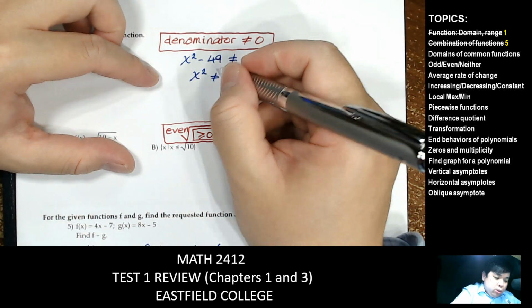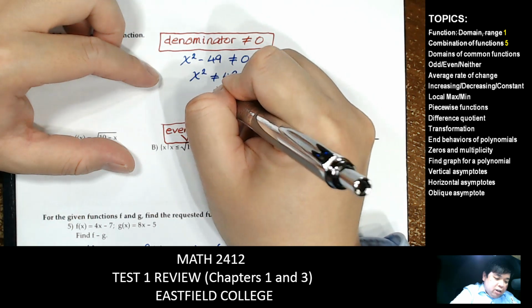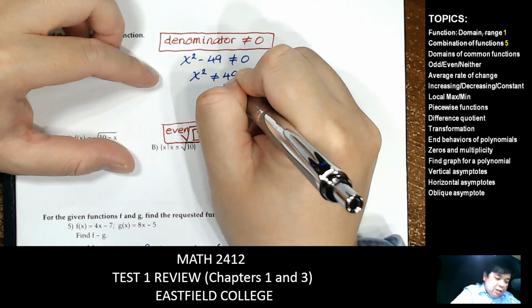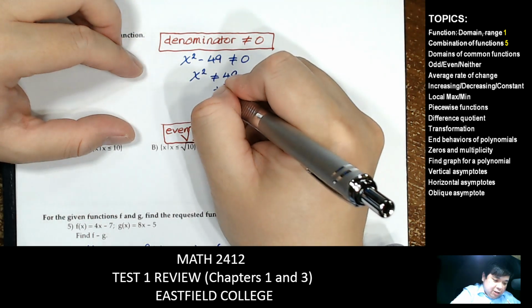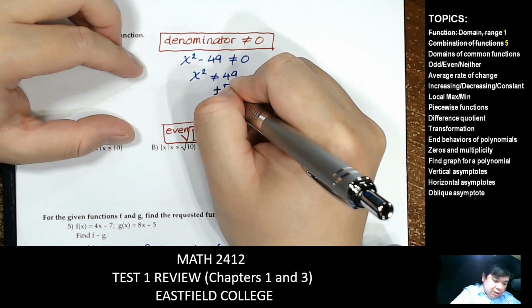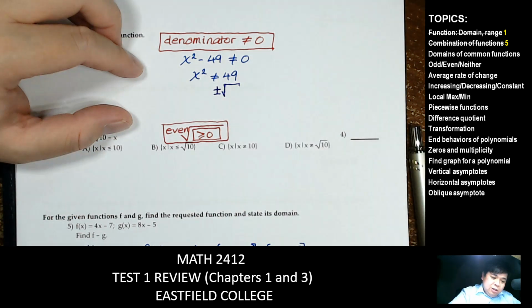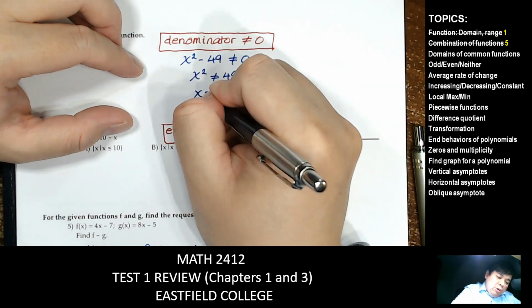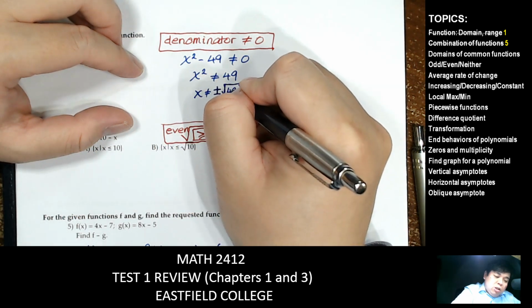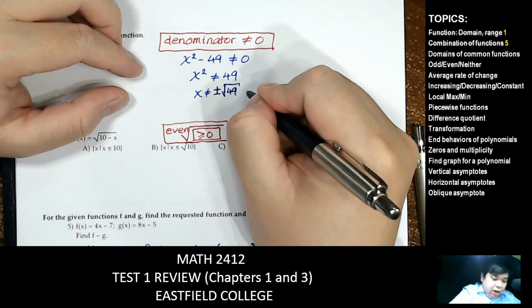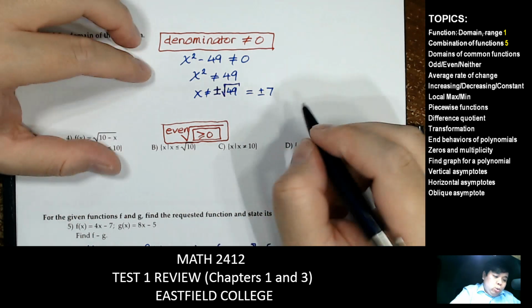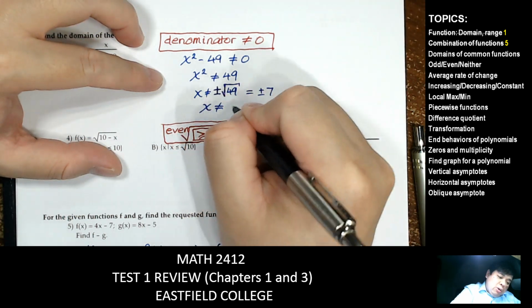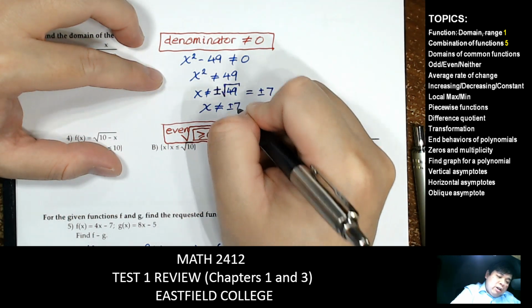When we take the square root, there is a plus or minus. So x not equal to plus or minus the square root of 49, which is plus or minus 7. So we say x not equal to plus or minus 7.